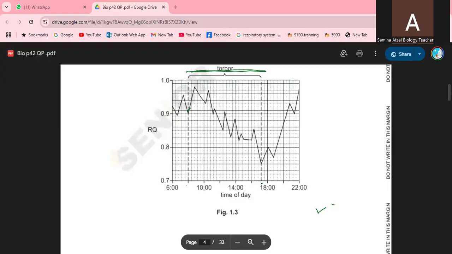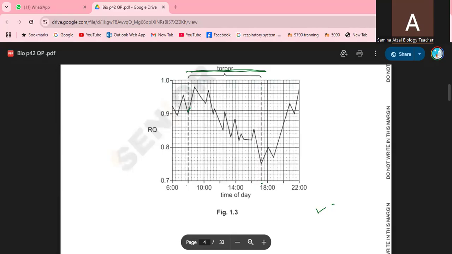Till 10 or 14 hours, it is fluctuating a little bit, and then it is at its lowest position at 18 hours. From this graph we can come to know that the respiratory quotient indicates the primary type of fuels being metabolized by this organism.